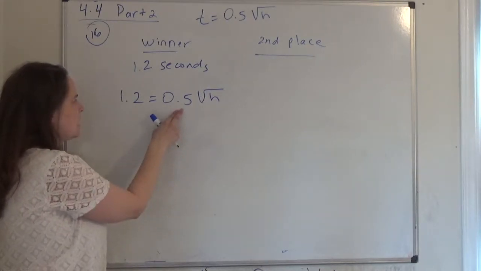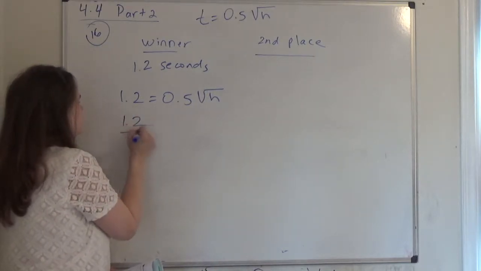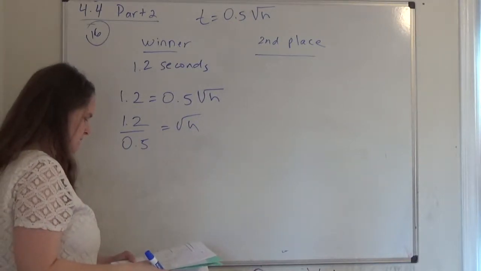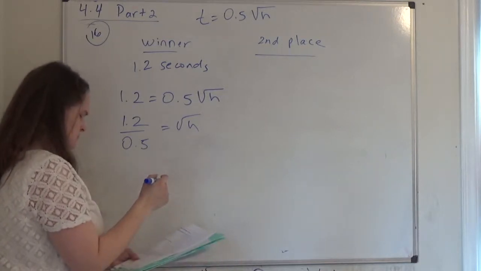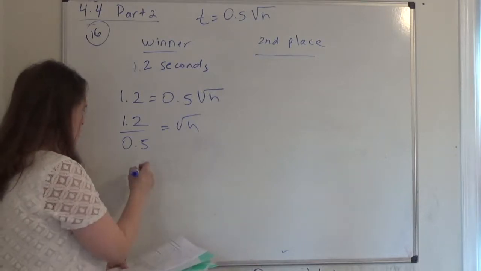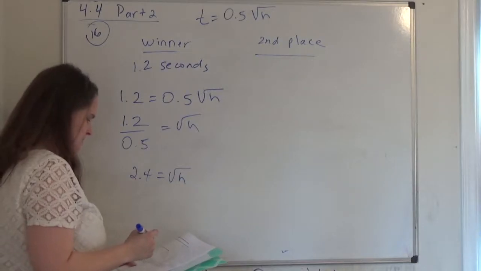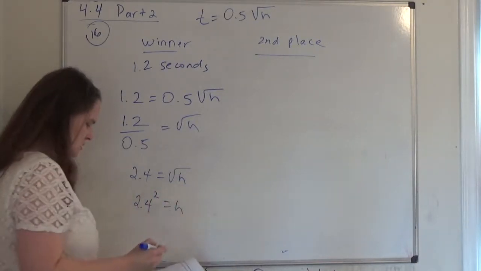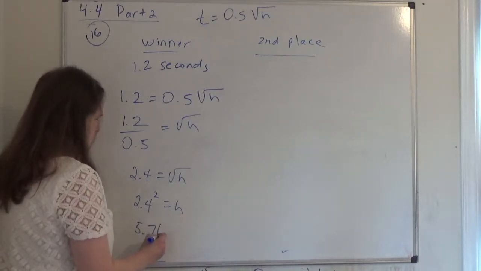So you would divide both sides by 0.5. 1.2 divided by 0.5 equals the square root of h. And that would give me, I'm sorry, 2.4. 2.4 equals the square root of h. Square both sides of that. So 2.4 squared equals h. 2.4 squared would be 5.76 equals h.